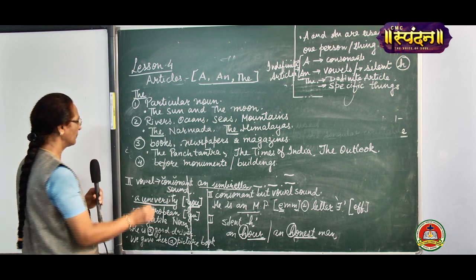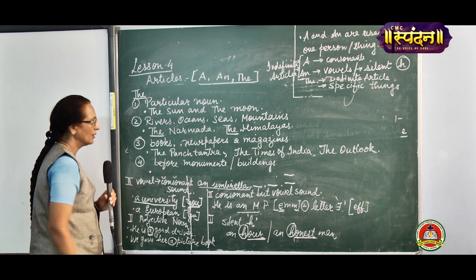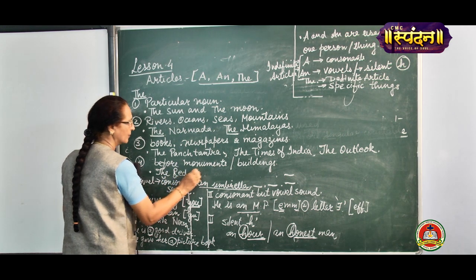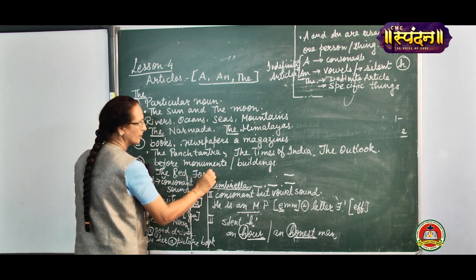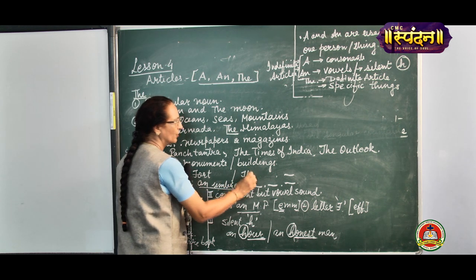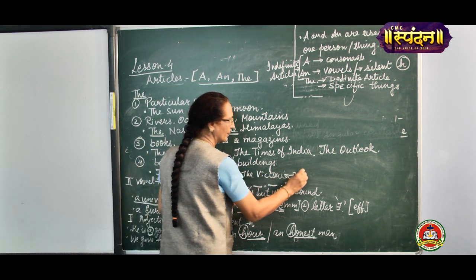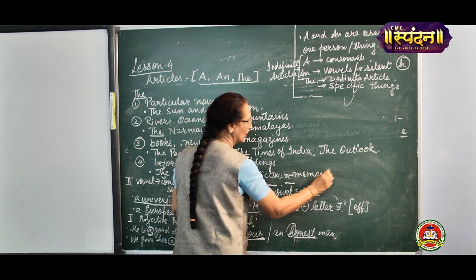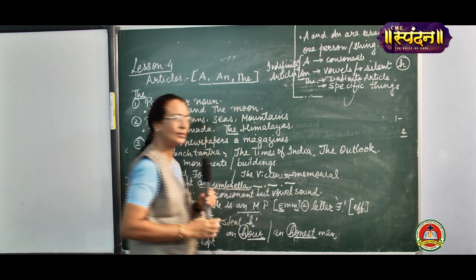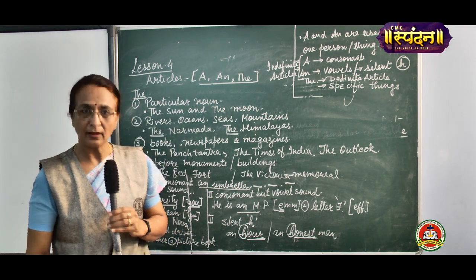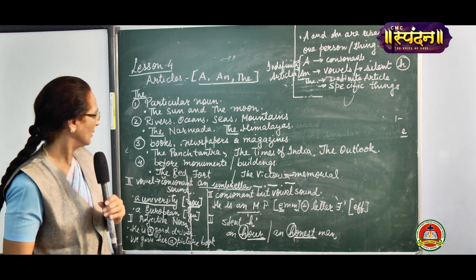Like we say, the Red Fort, because it is only one. The Victoria Memorial. Because they are one of its kind. The Parliament House. Is that clear, children?